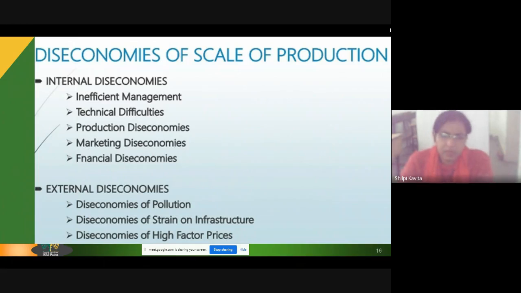Apart from that, external diseconomies like pollution and extra burden on the infrastructure. Many times the factors of production also start having high prices. So this is also diseconomies of high factor prices. So these are the disadvantages of large scale production. And depending on the situation of economies and diseconomies, we define increasing returns to scale, diminishing returns to scale, or constant returns to scale.